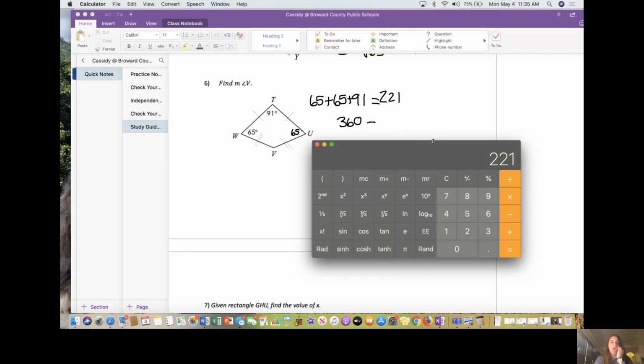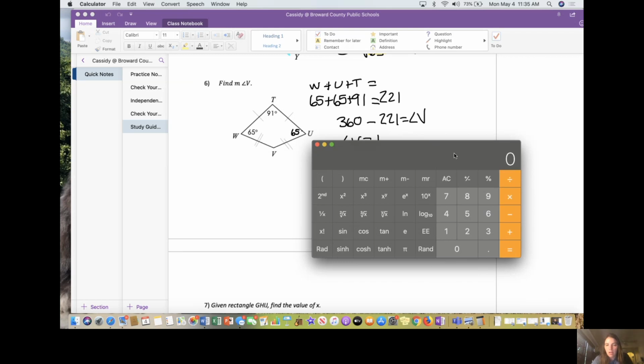Now we're just going to subtract that number from 360. So 360 minus 221 equals angle V, which means angle V equals 139.